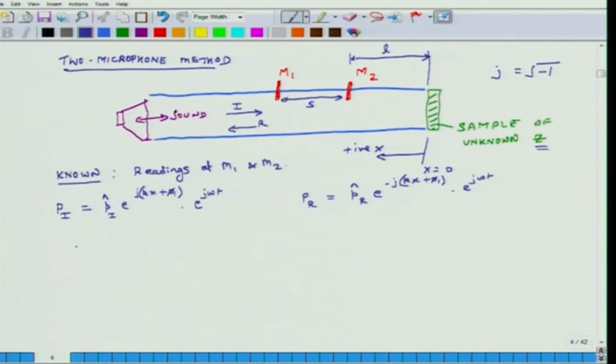So what I define as Pi bar is nothing but Pi hat e to the power of j phi1 times e to the power of j omega t. And similarly Pr bar is equal to Pr hat e to the power of j phi2 times e to the power of j omega t.